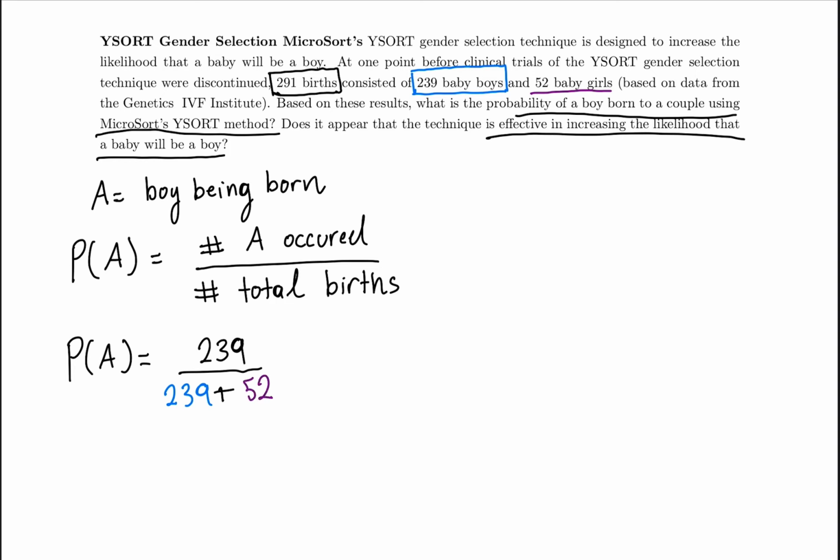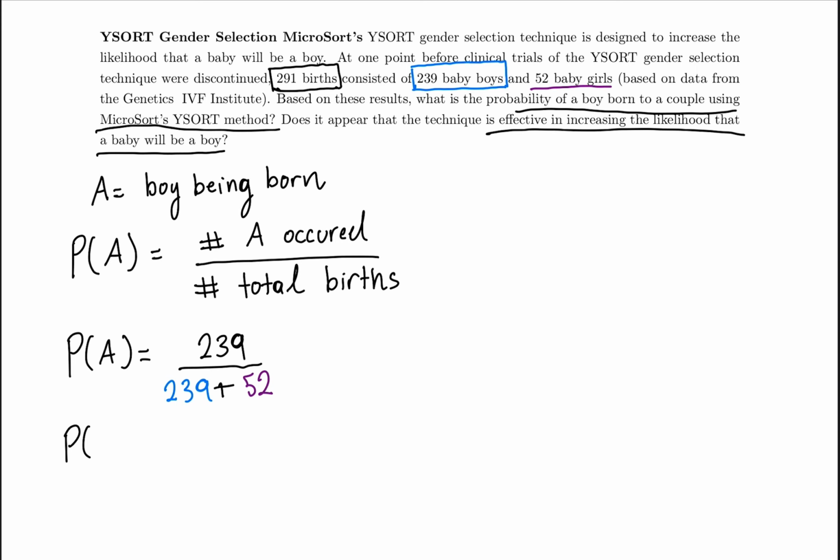So in total, that would be 291. And if we put this into a calculator, it would be 239 divided by 291.